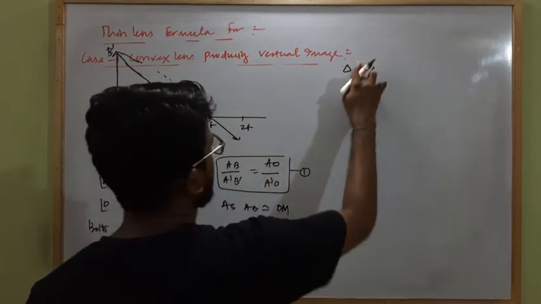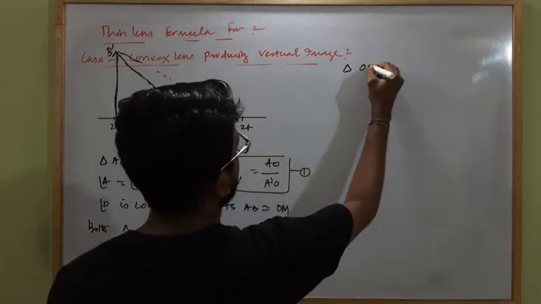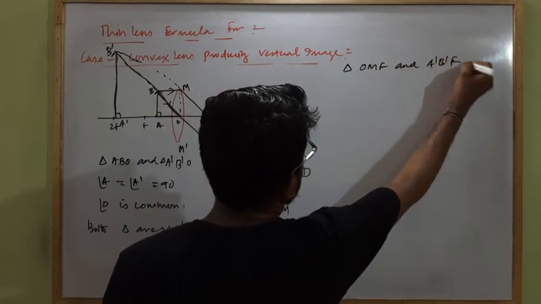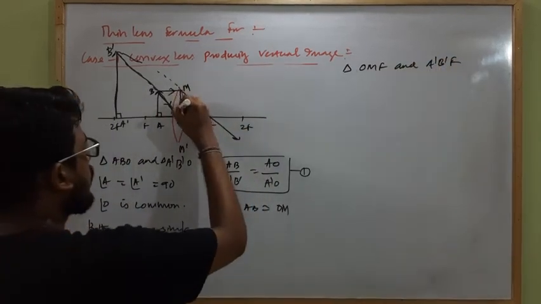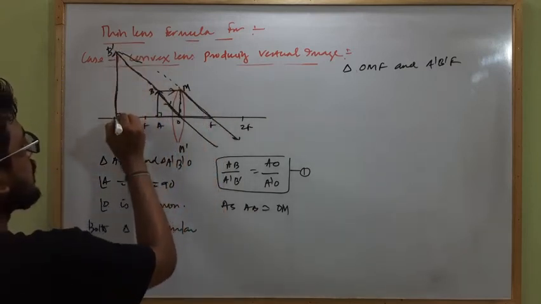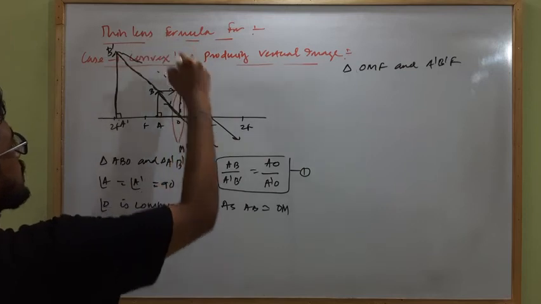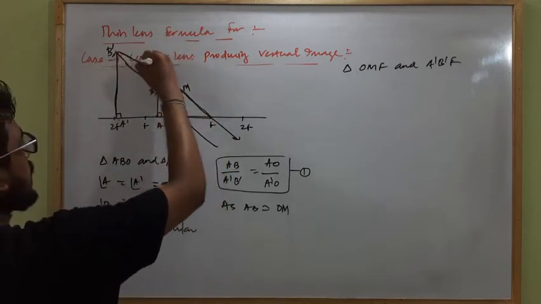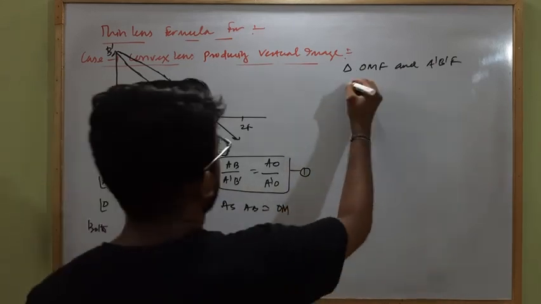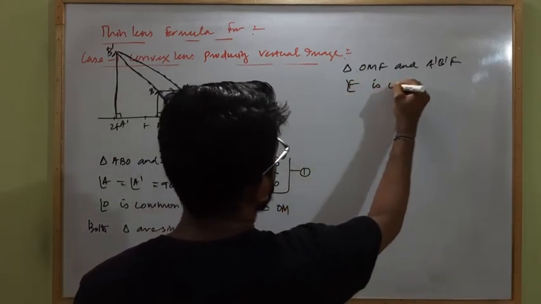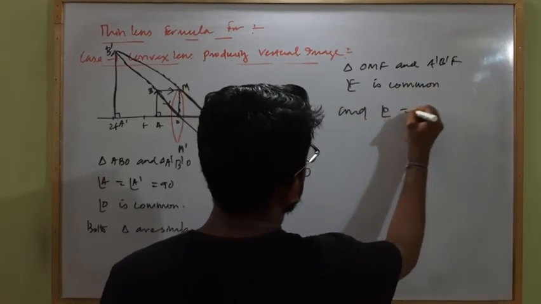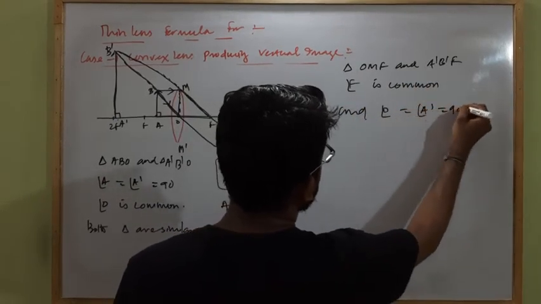So in triangle OMF and A'B'F, F is common and angle O equal to angle A' equal to 90 degrees.